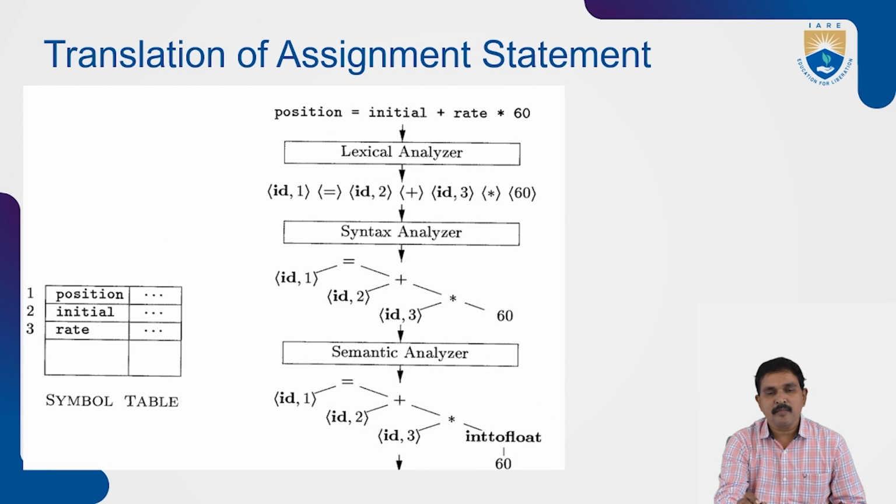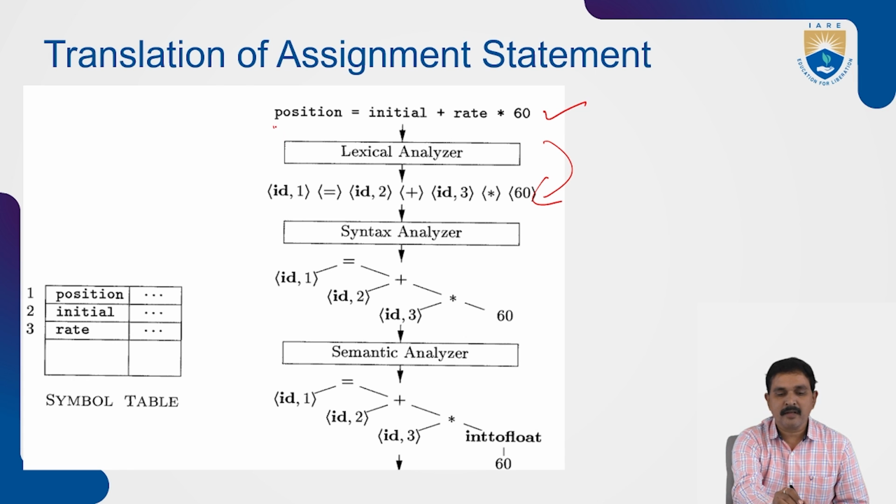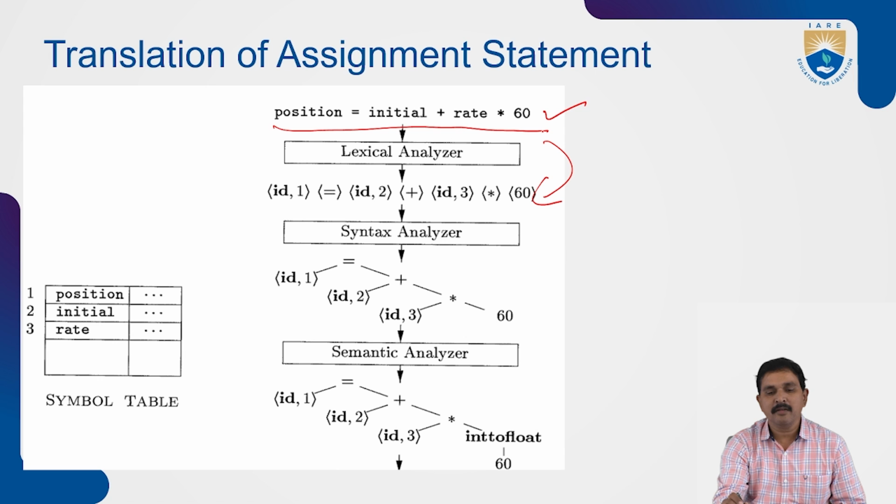With the example already highlighted in previous classes, we saw how a statement can be converted into individual tokens. This source program language statement can be converted into some individual tokens.